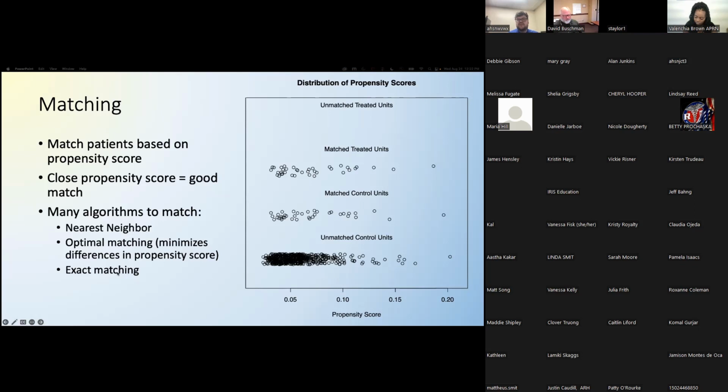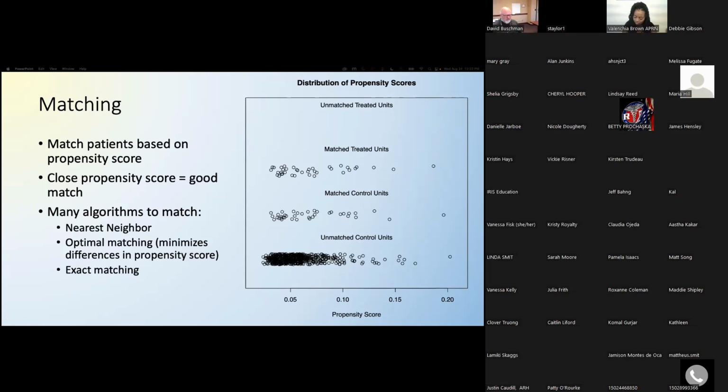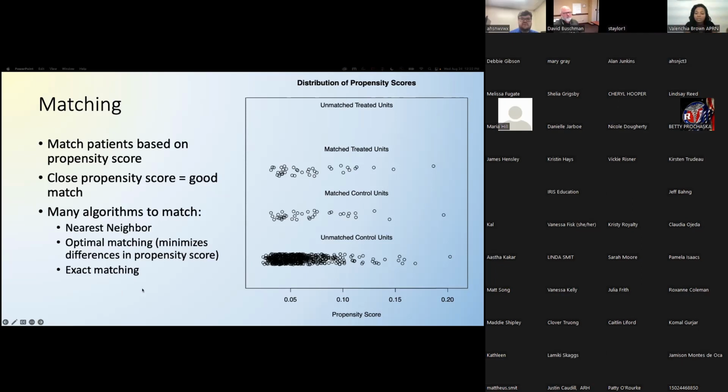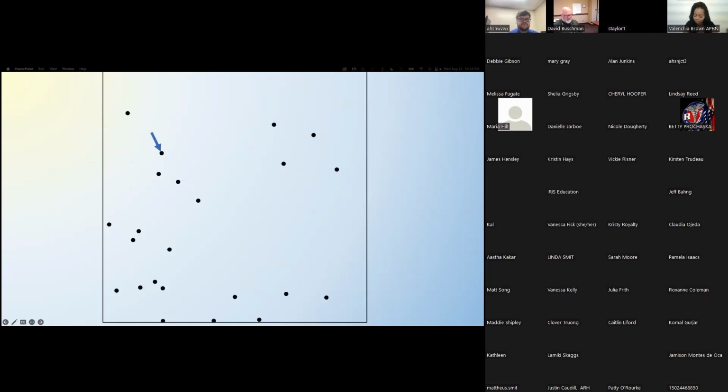Because of the way you get predicted probabilities, exact matching is typically unlikely if you have any continuous variables in your model, since you would need an exact continuous variable match. Generally speaking, exact matching isn't as feasible, so it's not used as frequently with propensity scores.